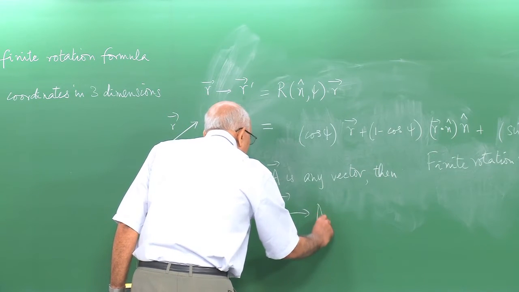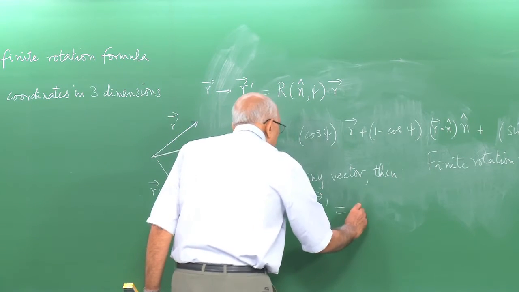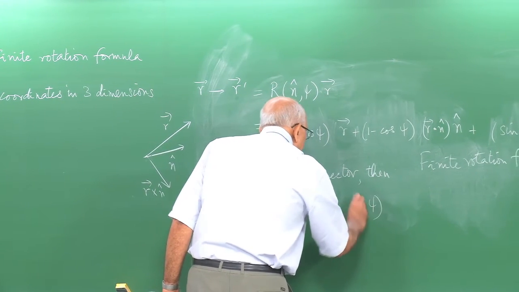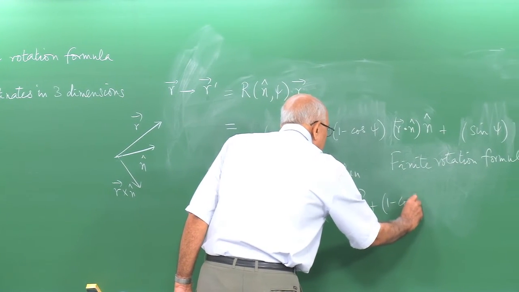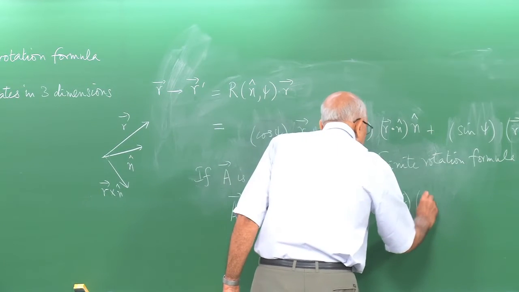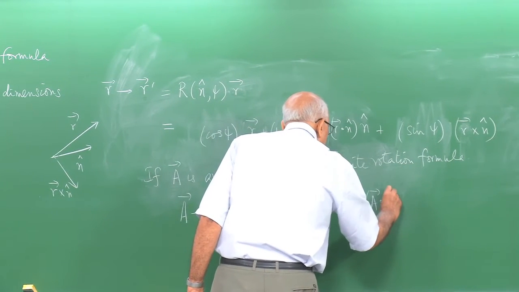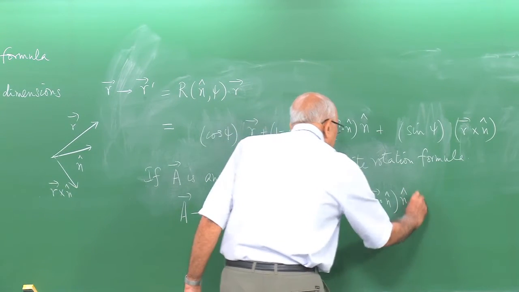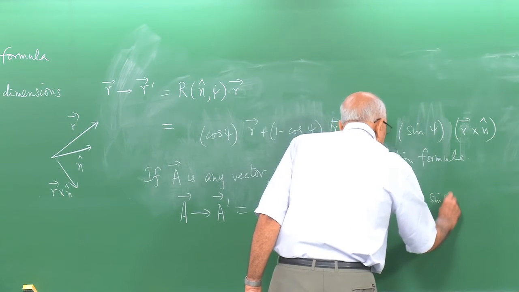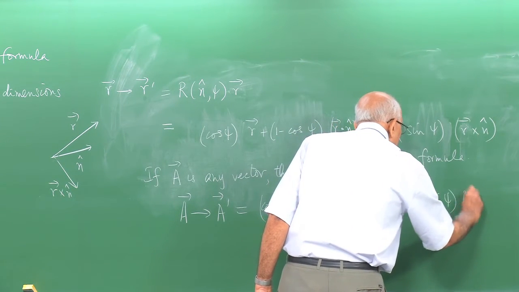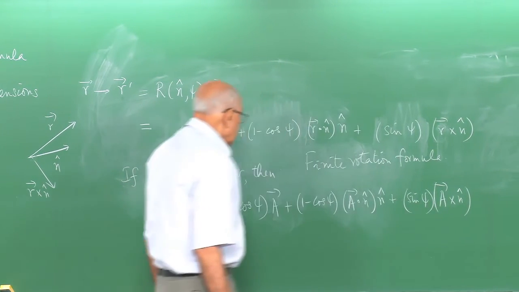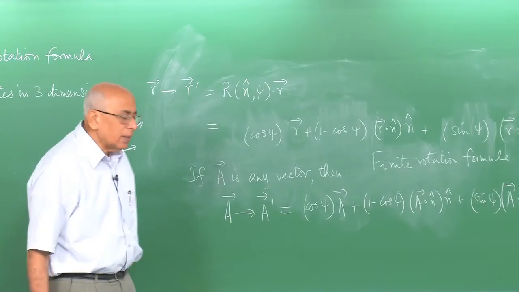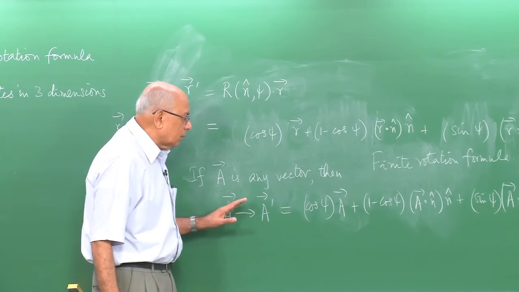A goes to A prime, which is equal to cos psi times A plus 1 minus cos psi times A dot n along n plus sine psi times A cross n.